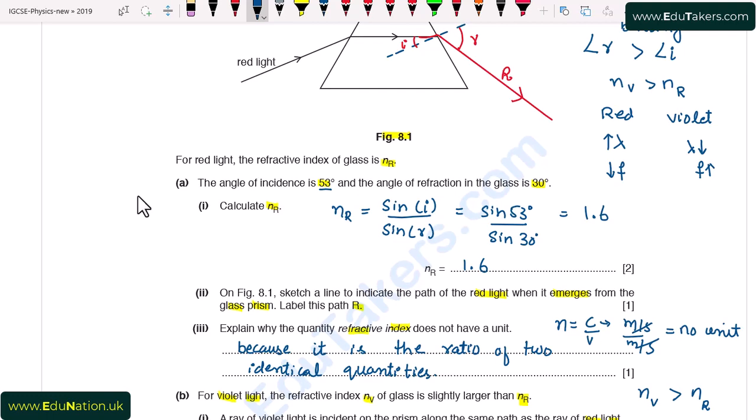So as the frequency of violet light is larger, the speed here would be larger and the speed here would be smaller. In this case, there will be more bending for violet light. I write here more bending.